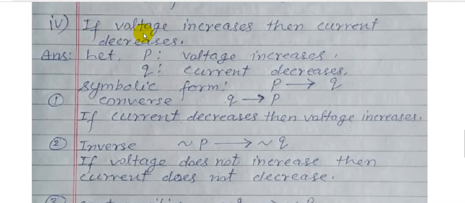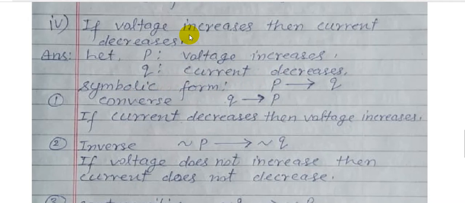If voltage increases, then current decreases. Let P be voltage increases and Q be current decreases. So what is the symbolic form of the given statement?